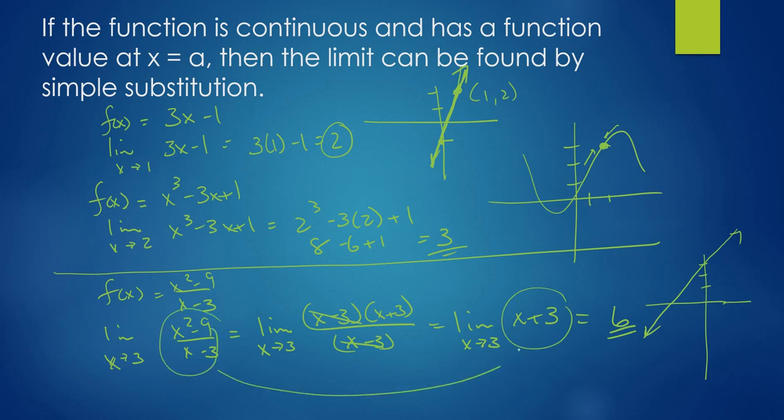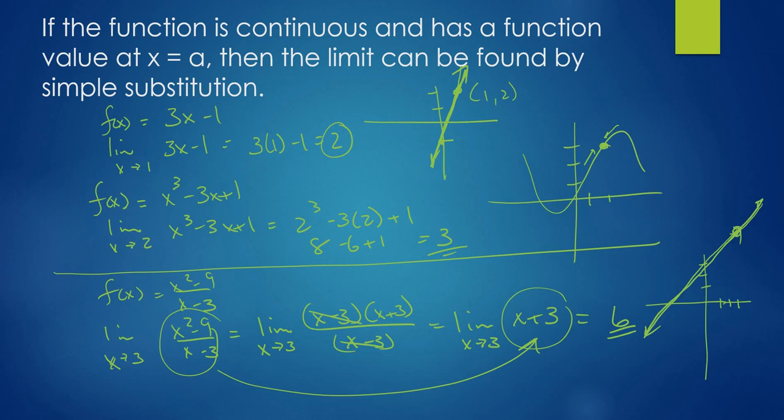This function and this function are identical except at the value where x is 3. My second function, my simplified function, is a solid line. I can plug in my limit value to find my limit. My original function has a hole here at 3.